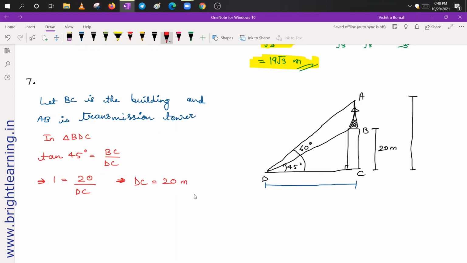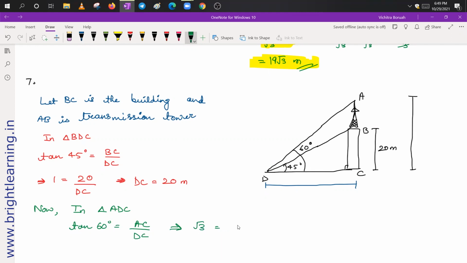Okay. Now next you will consider this whole triangle, that is triangle ADC. So now in triangle ADC, tan 60 degree is equal to perpendicular AC upon base DC. Now tan 60 degree we know is equal to √3.